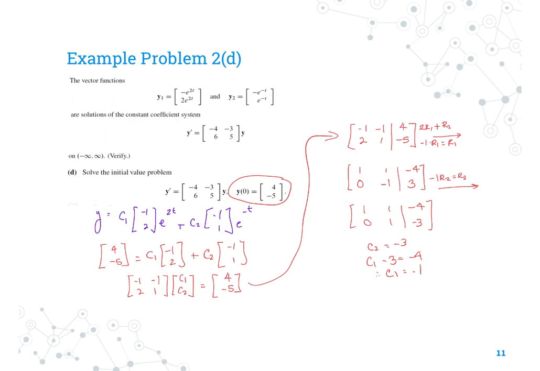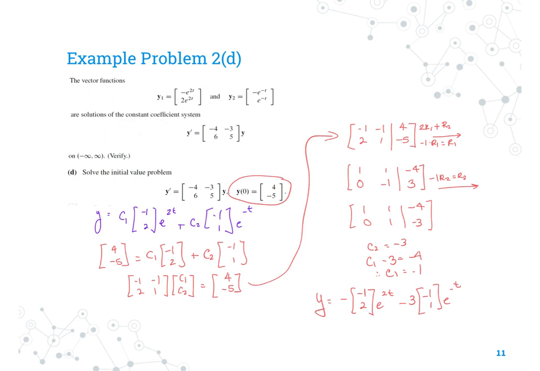Our solution to the initial value problem is y equals negative 1, 2 e to the 2t, and c2 was negative 3, so minus 3 times negative 1, 1 e to the negative t.